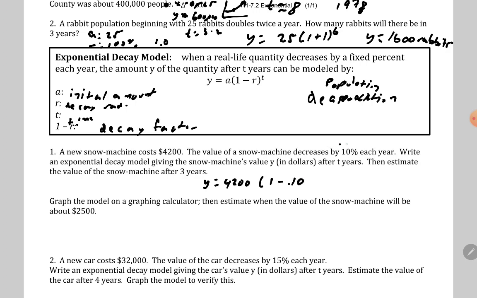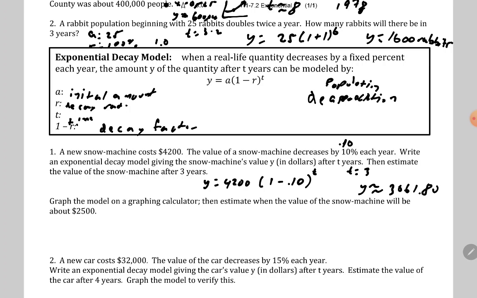Remember, this 10% becomes 0.10 as a decimal. And then t. Then we put in t equals 3 into the equation.